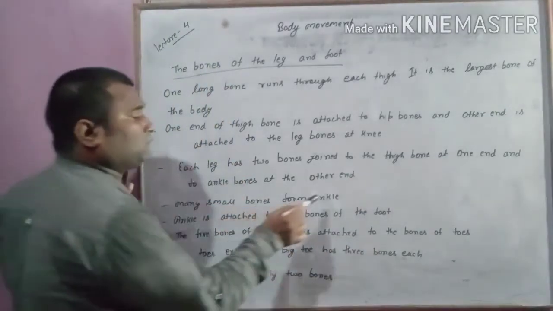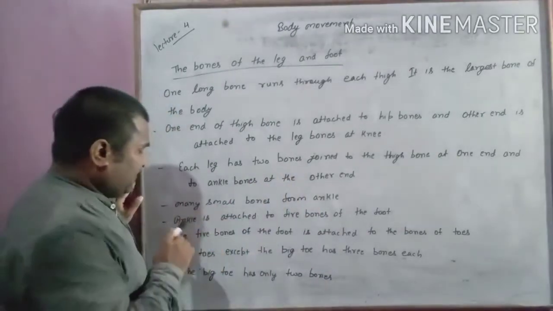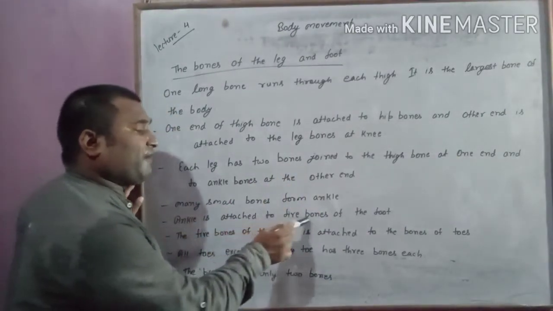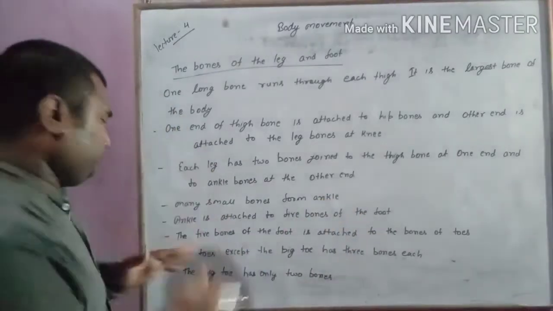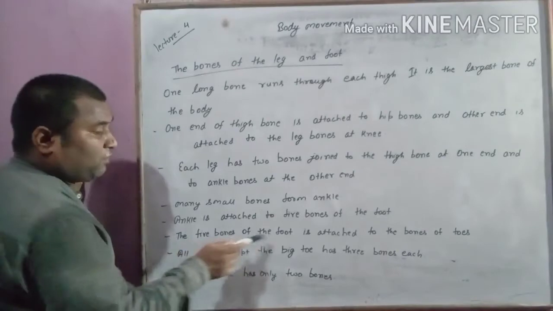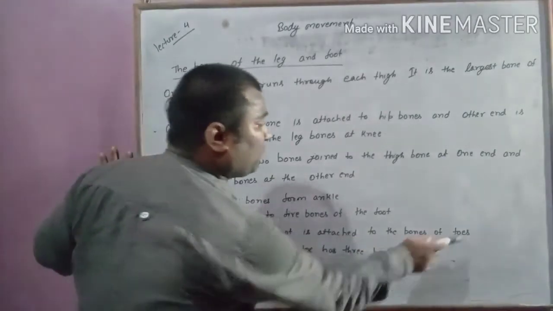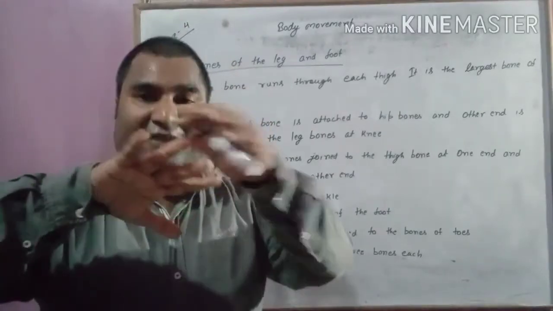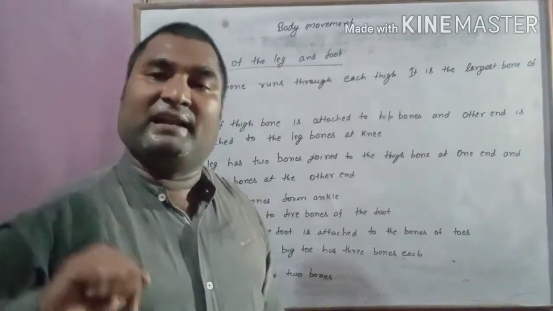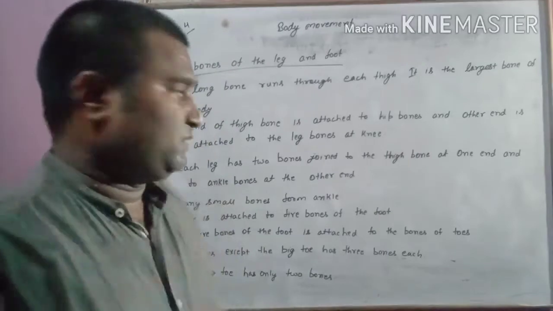Many small bones form the ankle. Ankle is attached to the 5 bones of the foot, like of the palm. The 5 bones of the foot are attached to the bones of toes, which we call fingers in the hand. In the leg it is called toe.